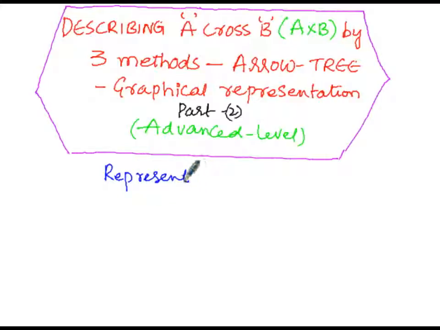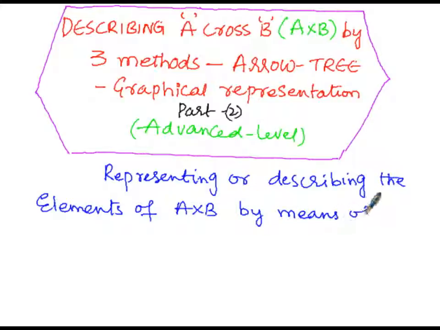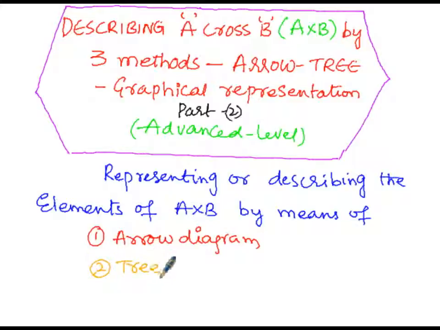Representing or describing the elements of A cross B, that is the Cartesian product of A and as well as B sets, that is represented by means of A cross B, that is A into B, by means of three methods: number 1 as the arrow diagram, the second one as tree diagram, and the third one as the graphical representation.